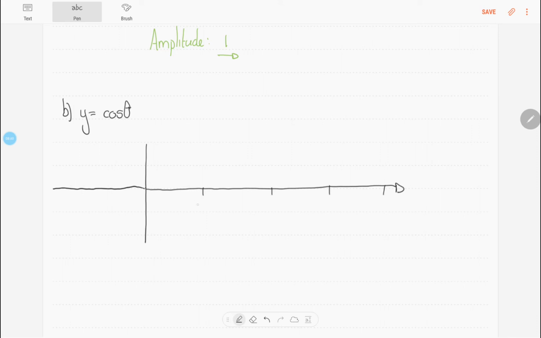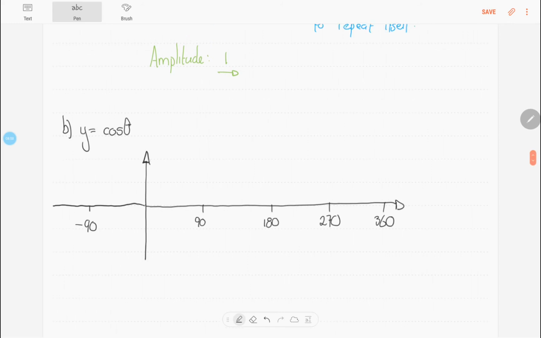We put in our angles, which are 90 degrees, 180 degrees, 270, and 360. Each time, same as sine, it's going to be a 90-degree interval. And remember to put arrows on your axes and label them y and x. Cool. So we're doing a cos.